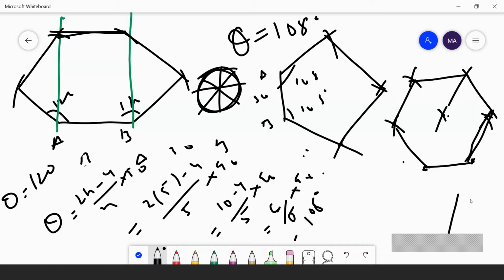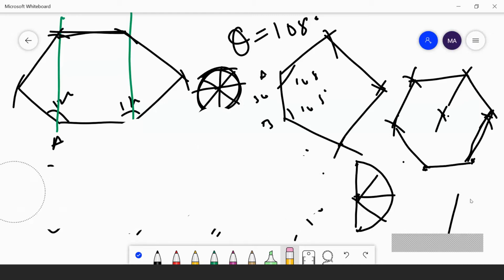If you want to draw a semicircle with a given diameter, you mark the center point, take this as a radius, draw an arc like this and divide it into 4 parts. Okay, this is a semicircle. If you want to draw a set square, it has two angles, 30 degrees and 60 degrees, at the two vertices.